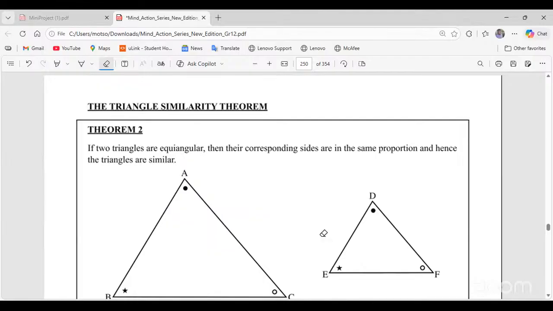The exterior angle of a cyclic quadrilateral is equal to the interior opposite angle, and opposite angles of a cyclic quad are supplementary. What do we mean by supplementary? They add up to 180 degrees. What else do we have there? We have equal chords subtend equal angles, and angles in the same segment.